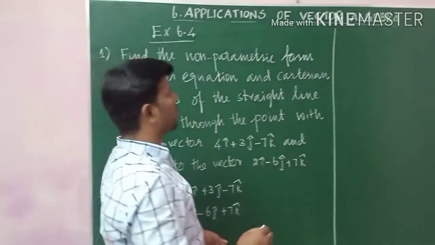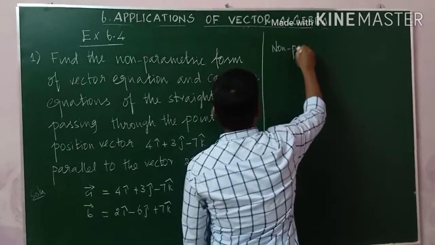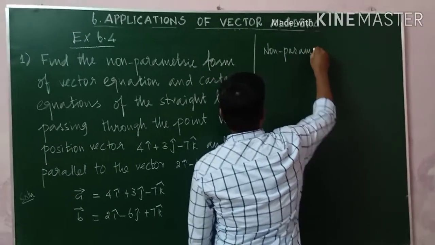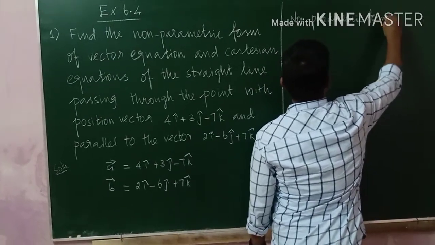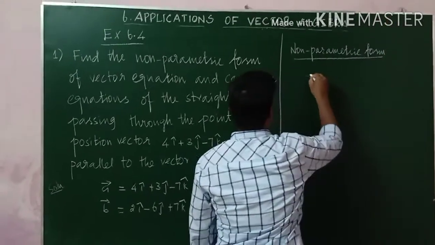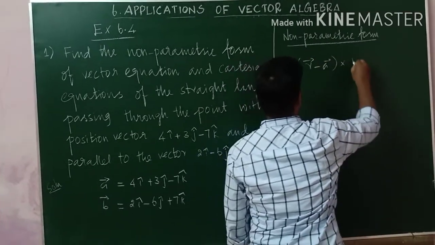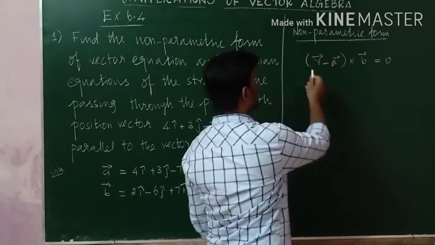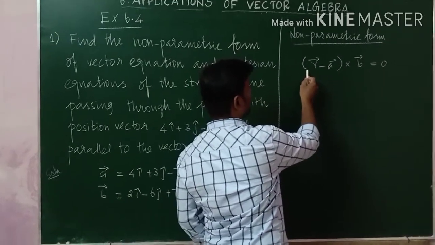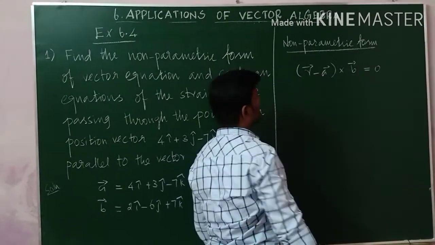We know the non-parametric form of the vector equation is (R vector minus A vector) cross B vector equals 0. This is the non-parametric form when a point on the straight line and the parallel vector are given.